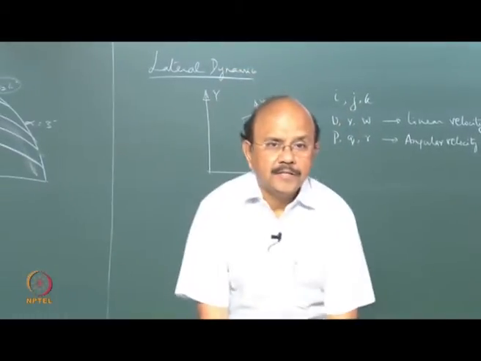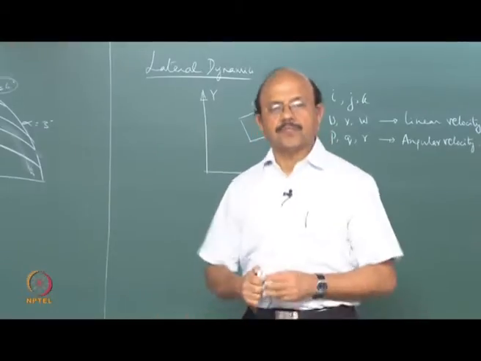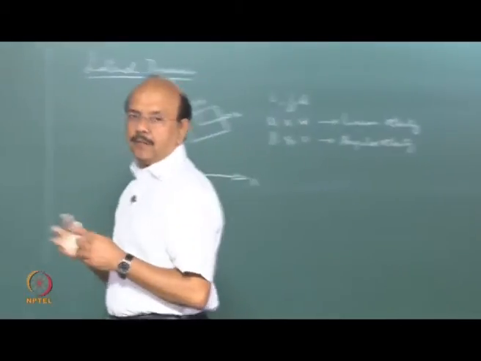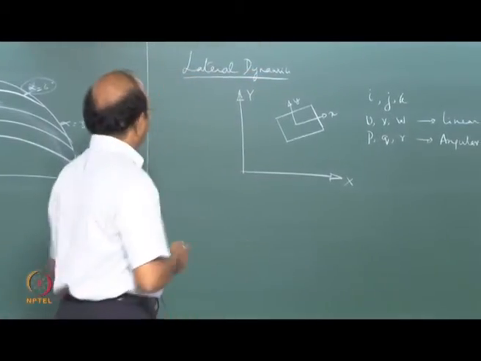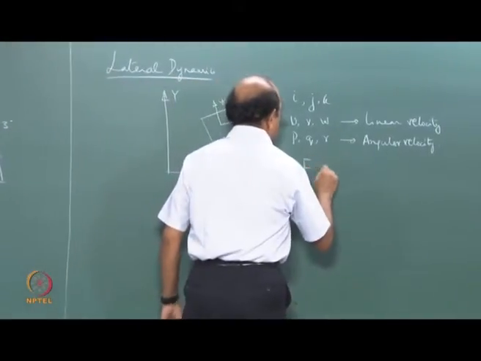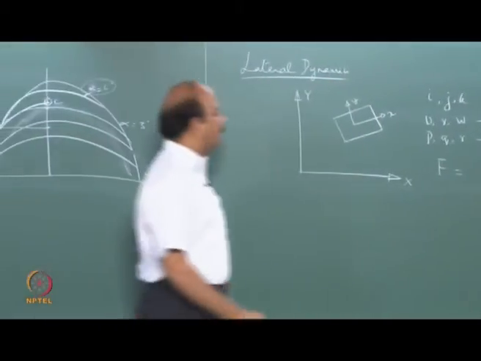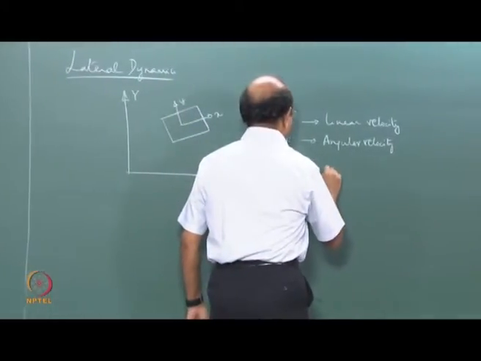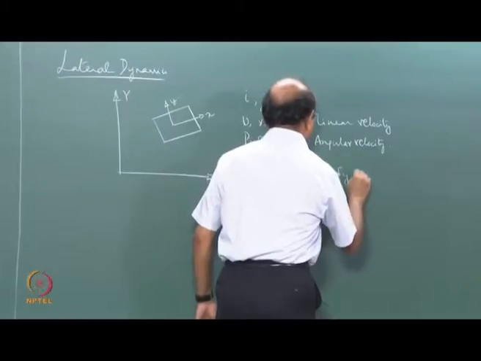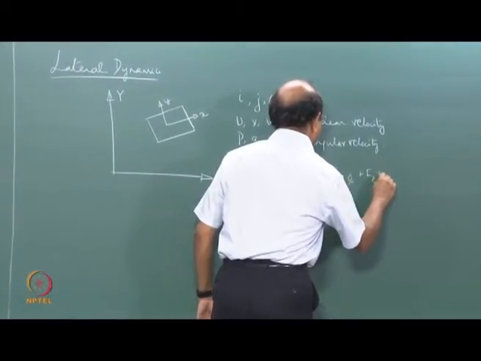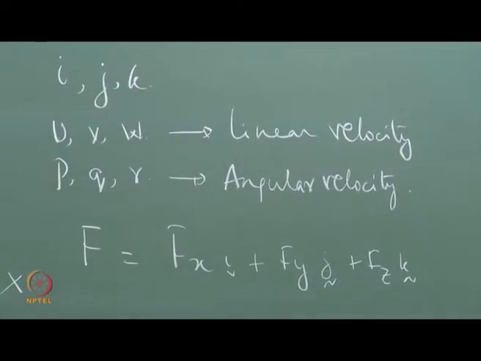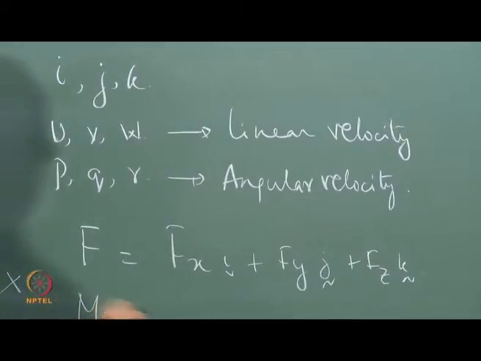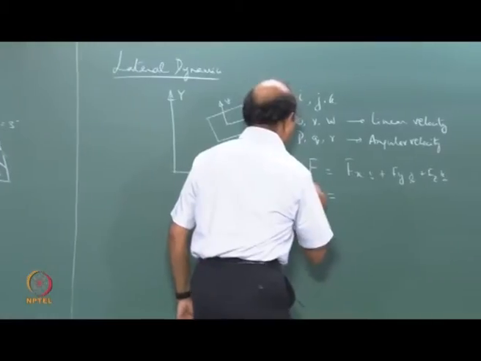Now, what are the peculiarities if I am going to deal with this kind of systems? That is what we are going to see. Like what are the additional terms that come into picture? Let's say that the force acting on the vehicle, let me write down the forces as Fx i plus Fy j plus Fz k. These are the three forces that are acting on the vehicle, and the moment, let me call that as tau.